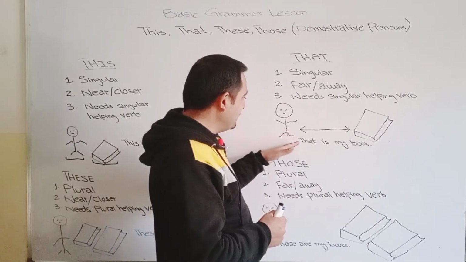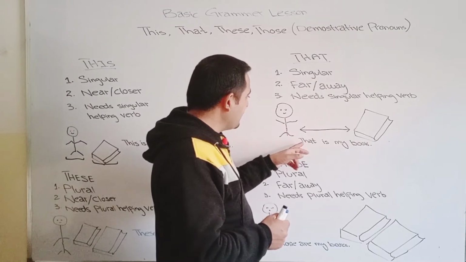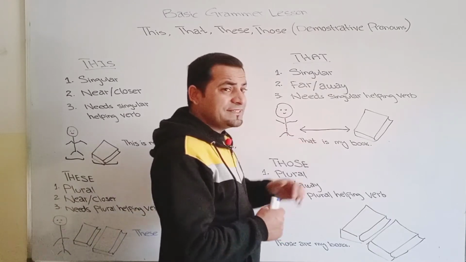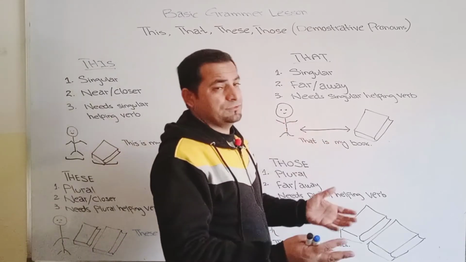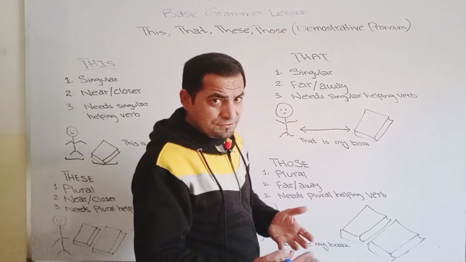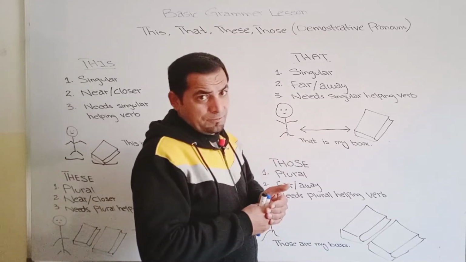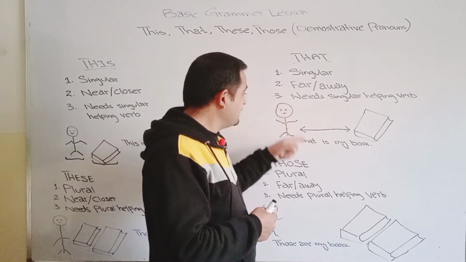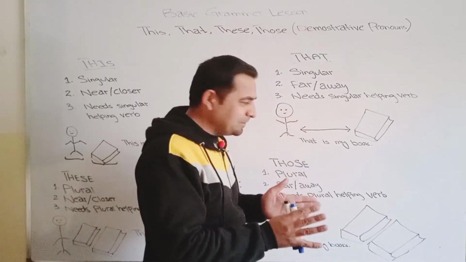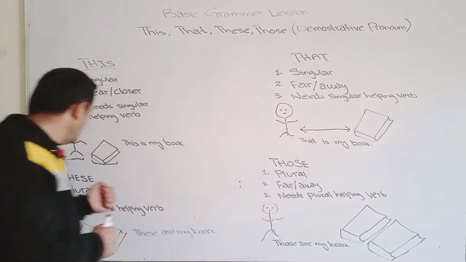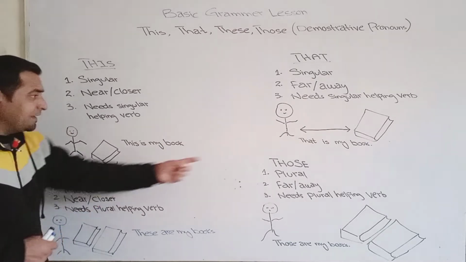So in this example, we could see that after that we have used a singular helping verb. So we can't say that are my books or that were my books. That is my book, right? So that needs a singular helping verb. I hope you've understood. Now let's proceed to these and those.